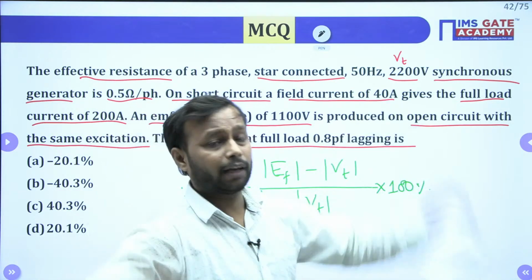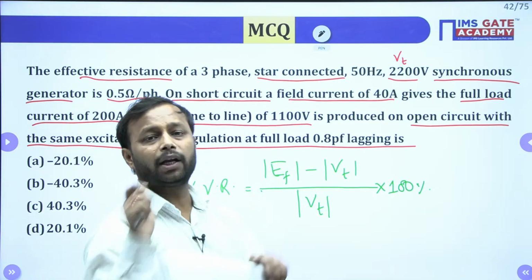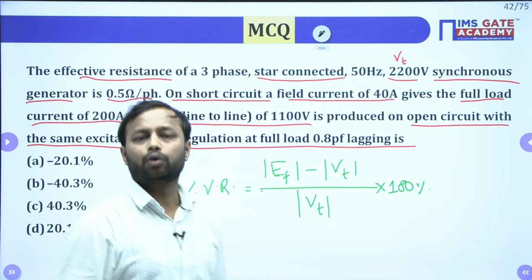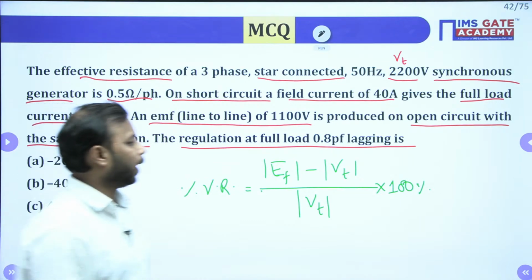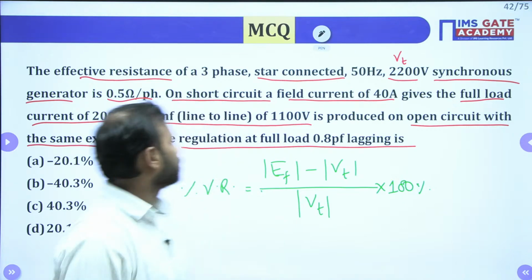Please keep this in mind, that we need to calculate the voltage regulation by taking the magnitude only, not the angle. And here speed and frequency have to be constant, with the same field current.